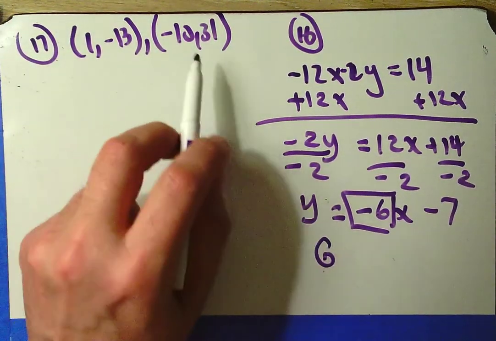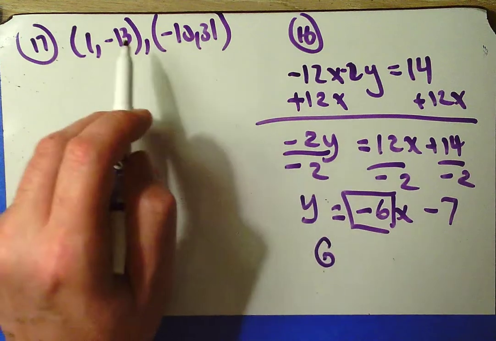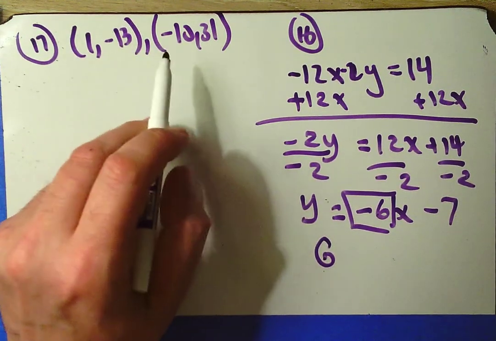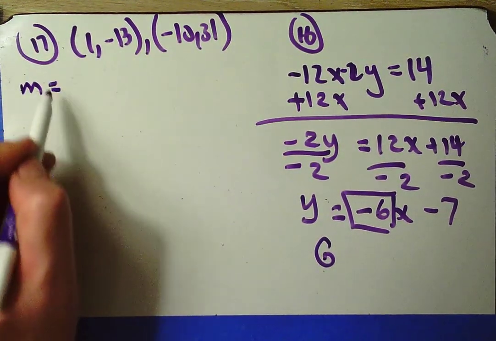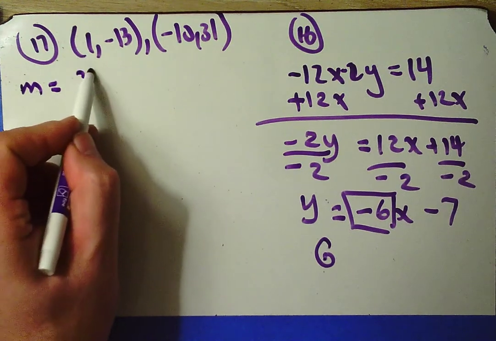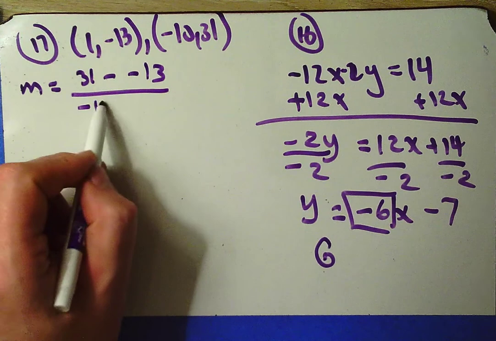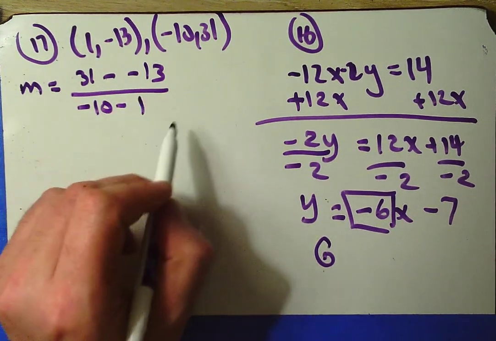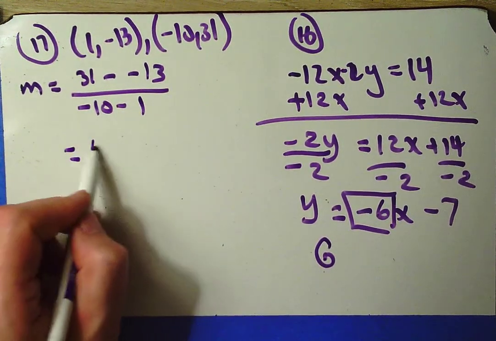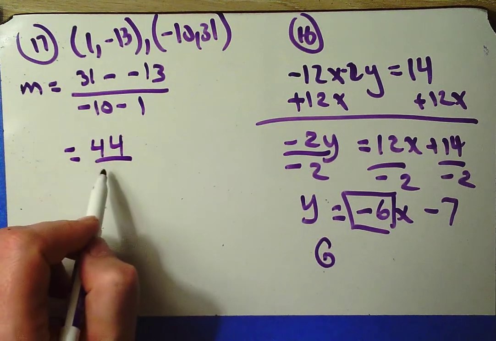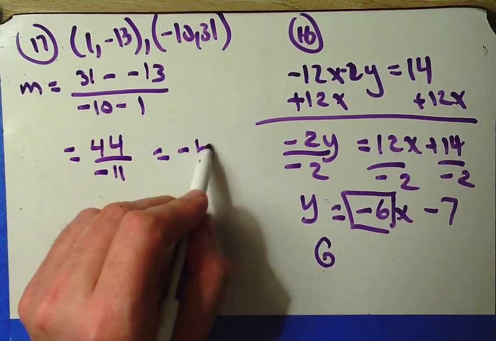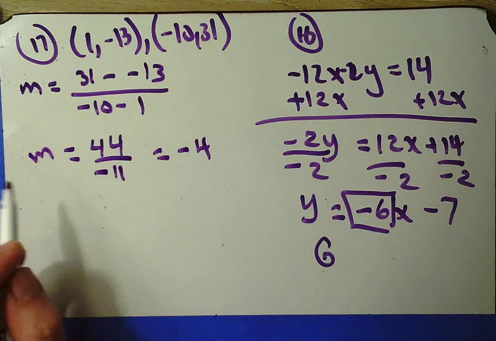In order to write the equation of the line, I need a point and a slope. I've got plenty of points, but I don't have a slope yet. So I need to use the slope formula, y2 minus y1 over x2 minus x1. And that gives me 44 over negative 11, or negative 4 is my slope.